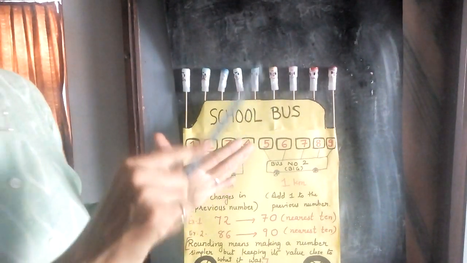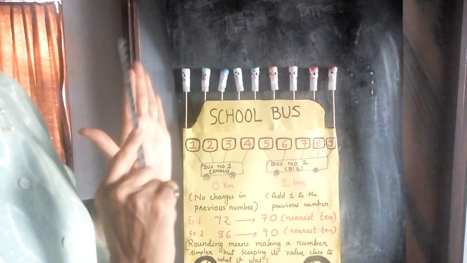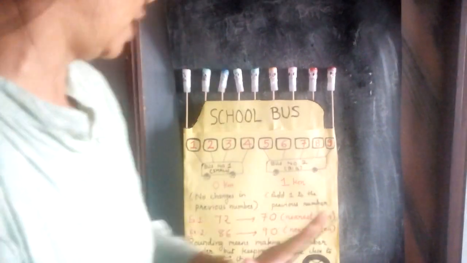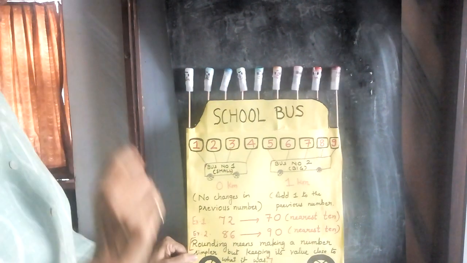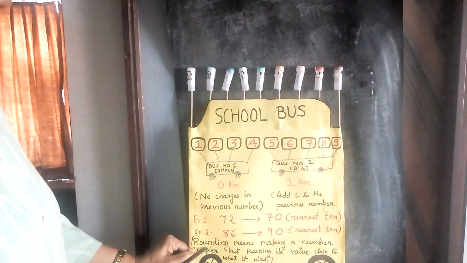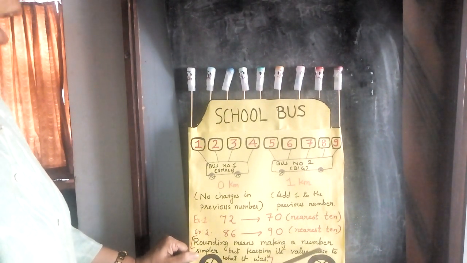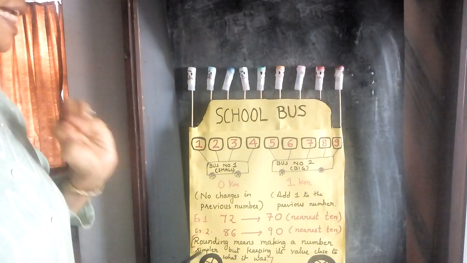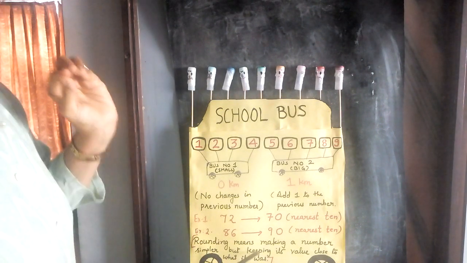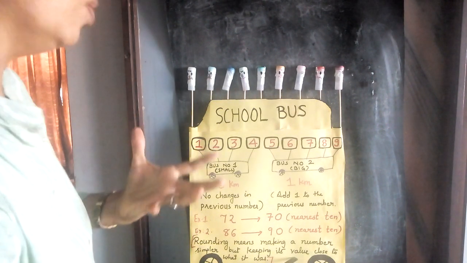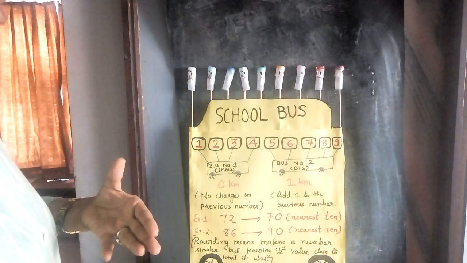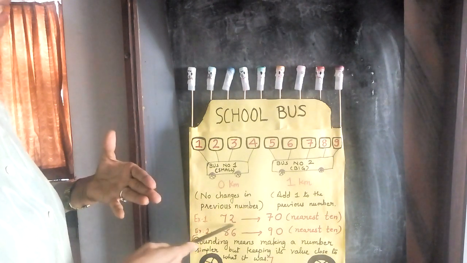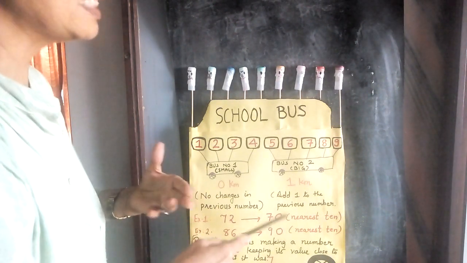Right? So 18 you have rounded up to 20. Same here. So what is the meaning of rounding? Rounding means making a number simpler, a very simple number, but keeping its value close to what it was. Now here 72, I have written 70.